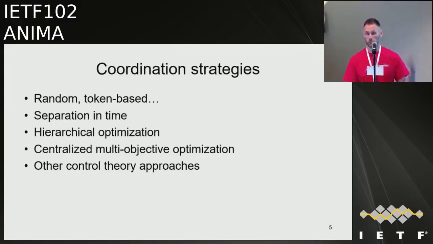They can be random, token-based approaches, separation in time, hierarchical optimization, more or less sophisticated approaches or algorithms, more or less adapted to the different types of conflicts that you will face. Some conflicts are very simple and you can address them just by separation in time. Some are more complex because of the number of functions, but also because of hidden dependencies, and so you may need more sophisticated approaches to fine-tune the interactions.